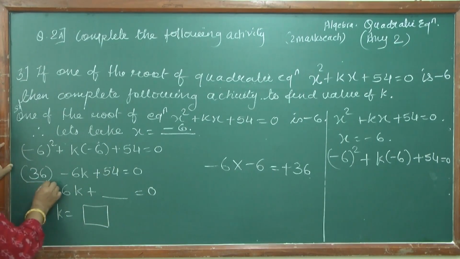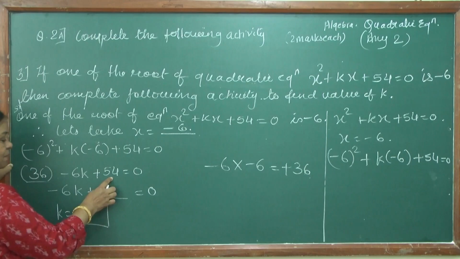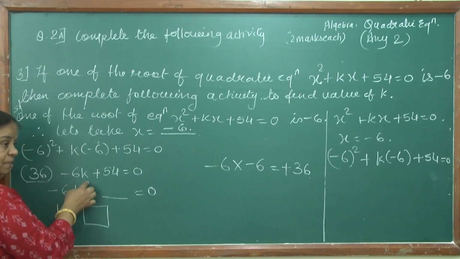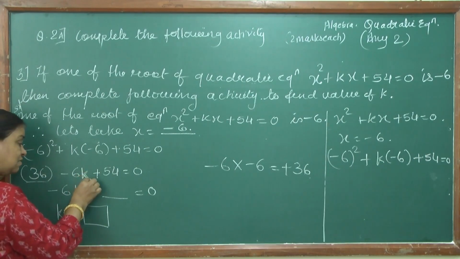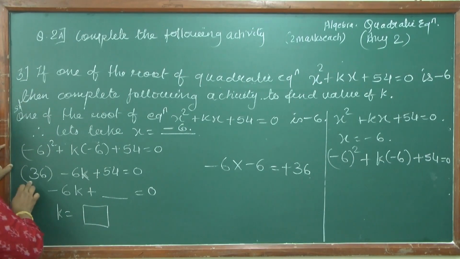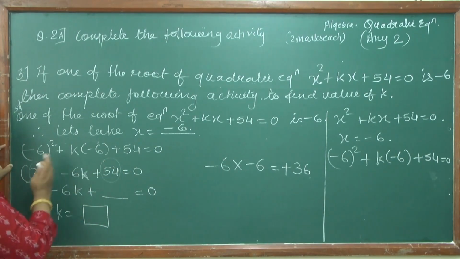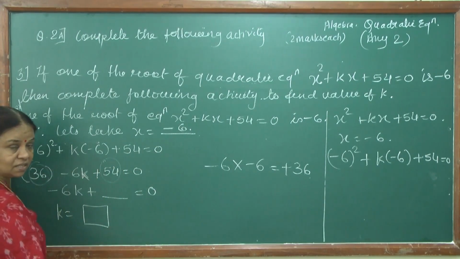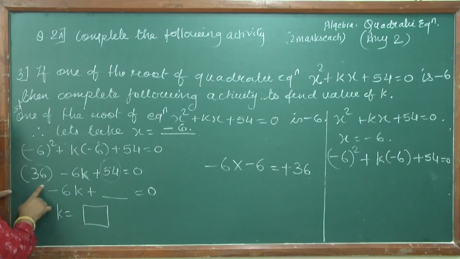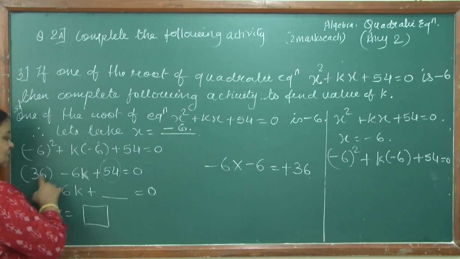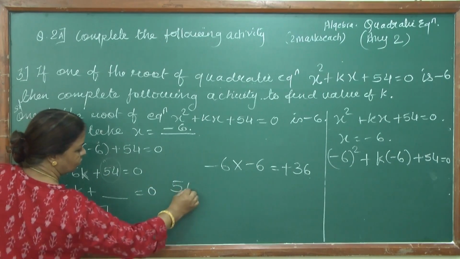Now, k and 54 cannot be added, and 36 and minus 6k cannot be subtracted, because one is with a variable and the other is a number. We will do addition and subtraction with the numbers first. The sign of 36 is plus and the sign of 54 is plus, so both will be added.